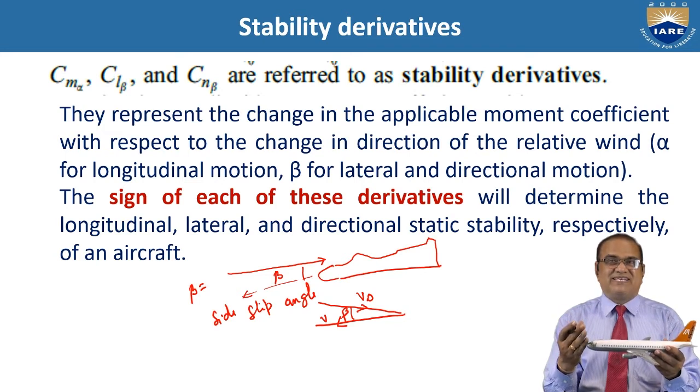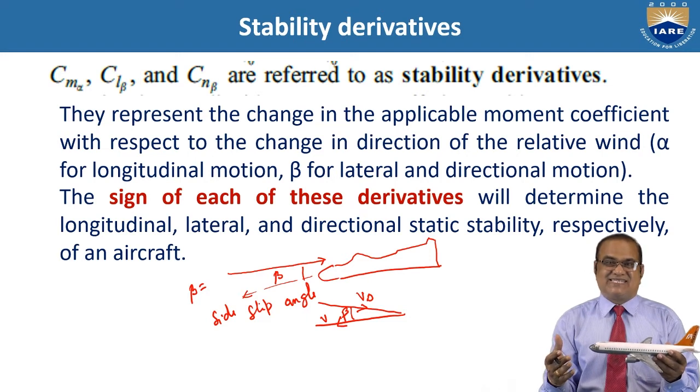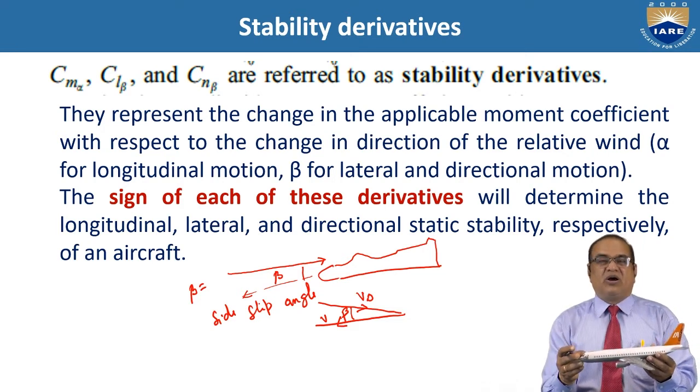This yawing moment is called N, divided by the non-dimensional factor, that is half rho V square, S and C. So this is called the moment.